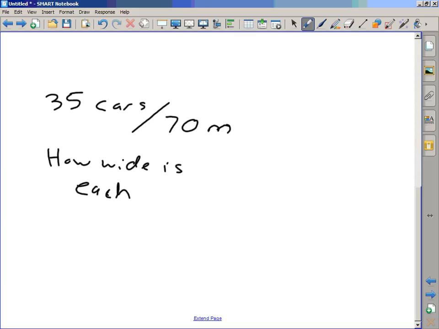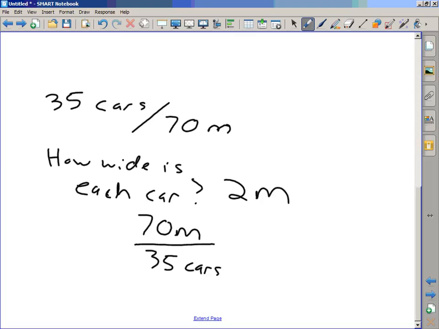How much space does each car take up? 2 meters. Did everyone see that? If 35 cars fit in 70 meters, how much space must each car take up? 2 meters. How'd you get that? You took the inverse. You did 70 meters, the total distance, divided by my 35 cars.